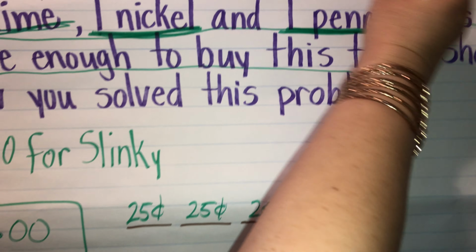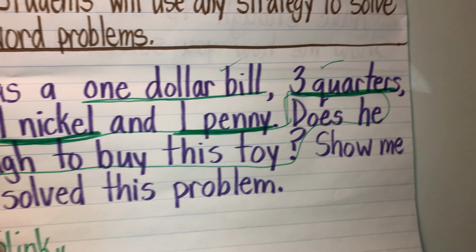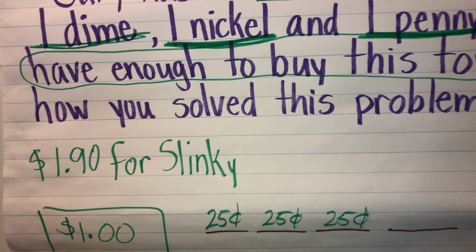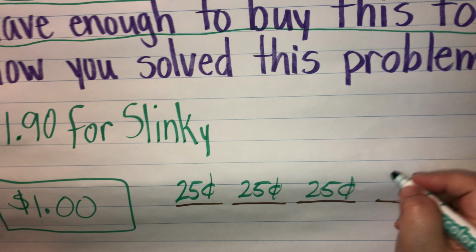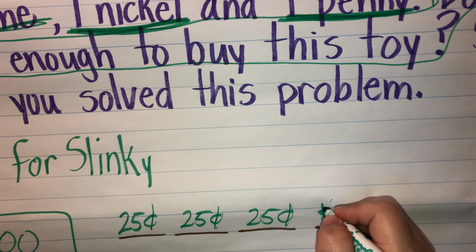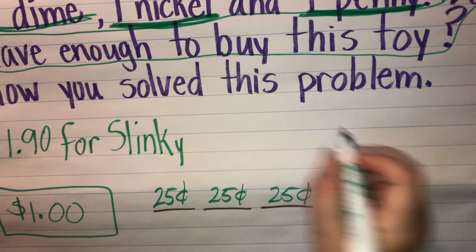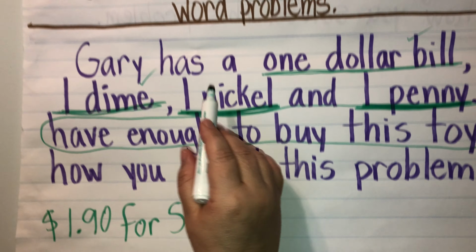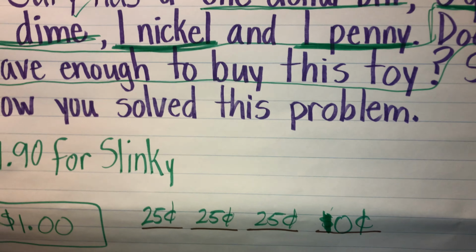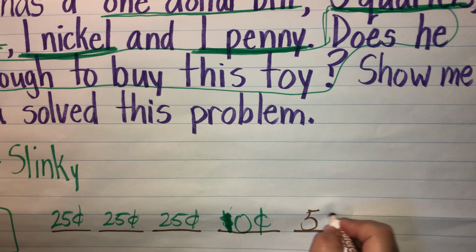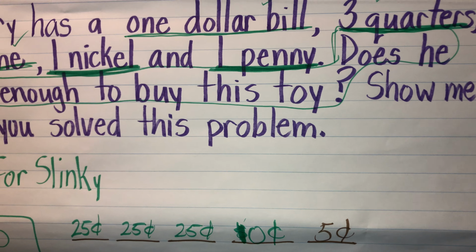So we wrote this, we wrote that. He has 1 dime. Oops, my mistake, guys. 1 nickel. Oh goodness, wrote it in the wrong color.